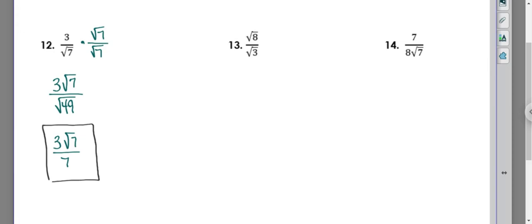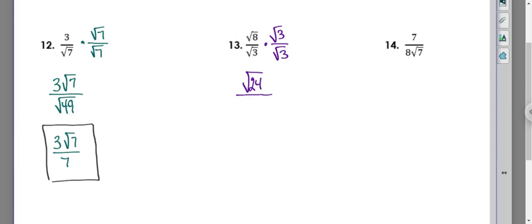What about 13? What am I going to multiply by there? Yep. So multiply top and bottom by a square root of 3. So under the radical here, I've got 8 times 3, so that's now the square root of 24.